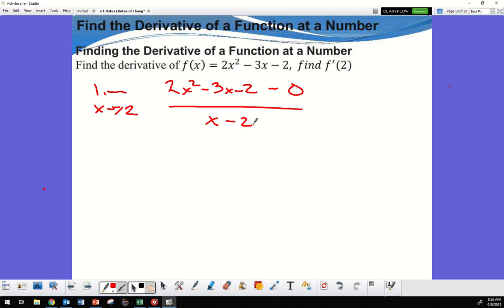So when I factor the top, it's going to give me 2x squared, factors of negative 4 that add up to negative 3, so that's going to be negative 4 and positive 1.